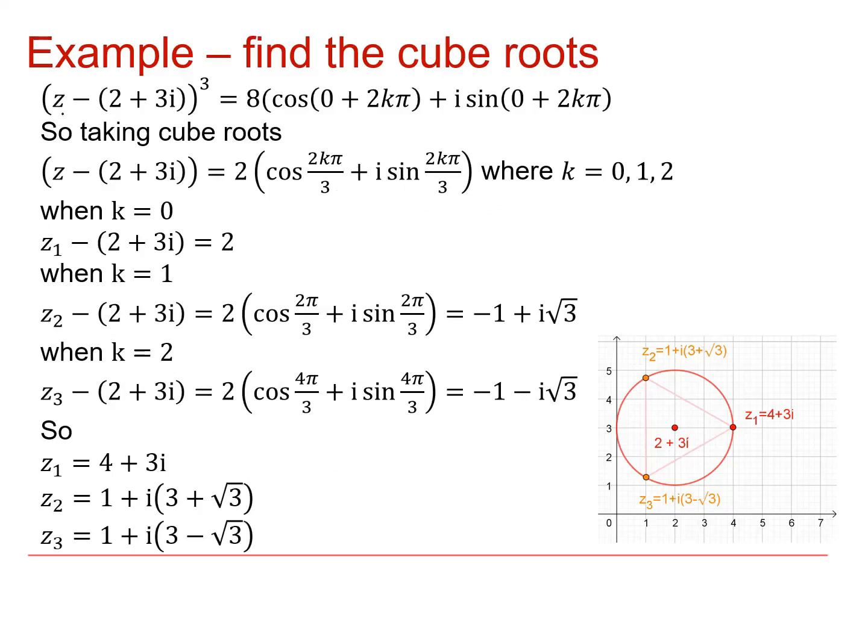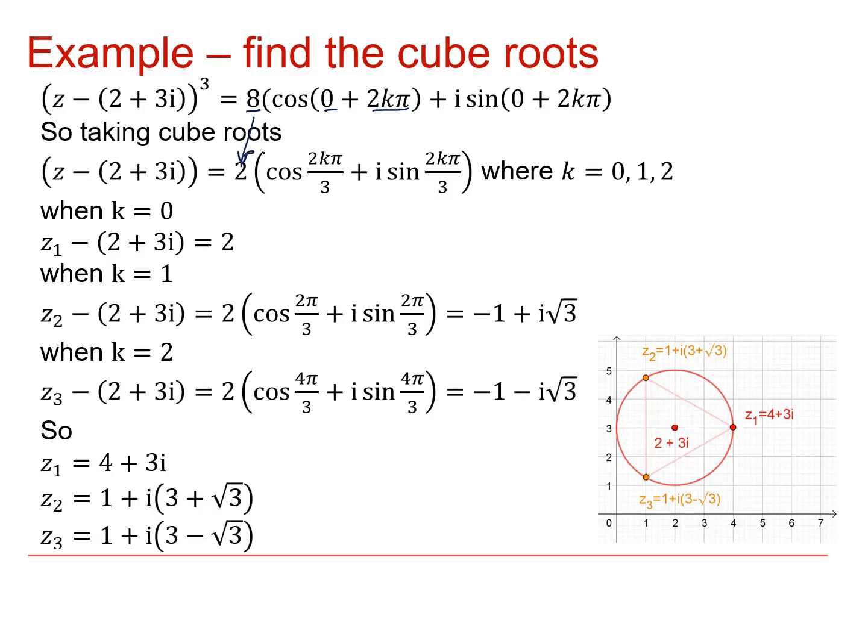So there's my something cubed is equal to 8, but I've expressed this in mod argument form. The modulus is 8, and the principal argument is 0, but I can add multiples of 2 pi to that to give me multiple values when I divide down. If I take the cube roots, I get z minus (2 plus 3i) is one of these things.